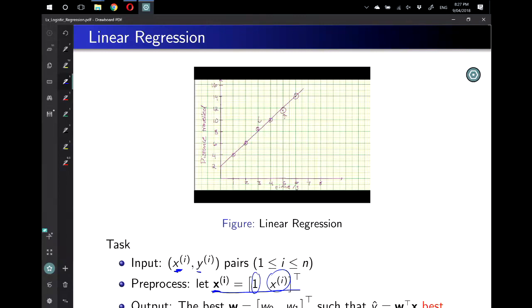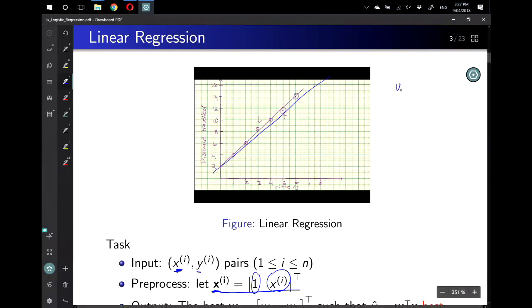Because the linear line we are going to learn, if we don't do this, is ax plus b. I can write this as ax plus b times 1, which is the same thing, and this is actually an inner product.